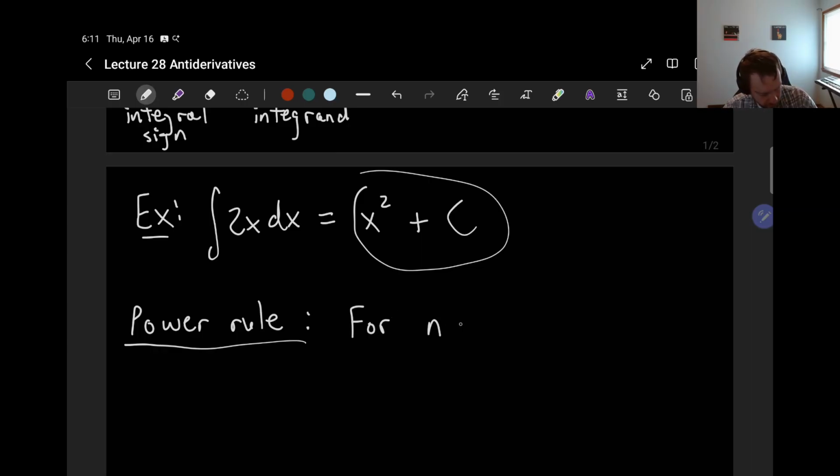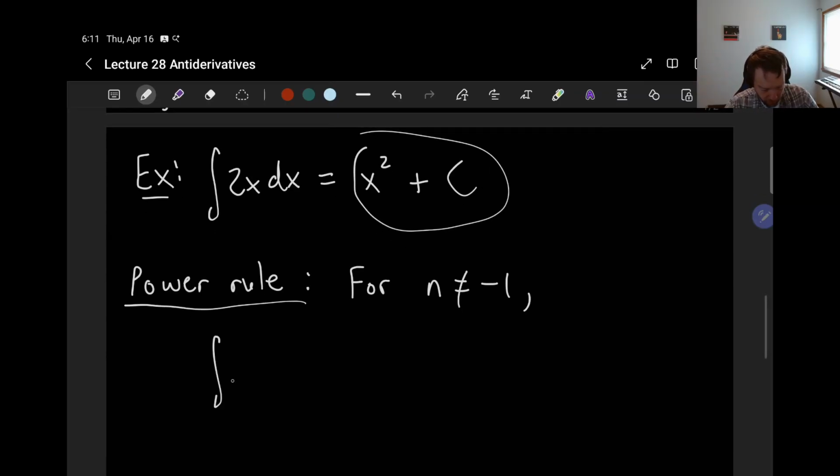Well, first we need to add this little thing. So as long as n is not -1, then we have a formula for taking the integral of x to the n.